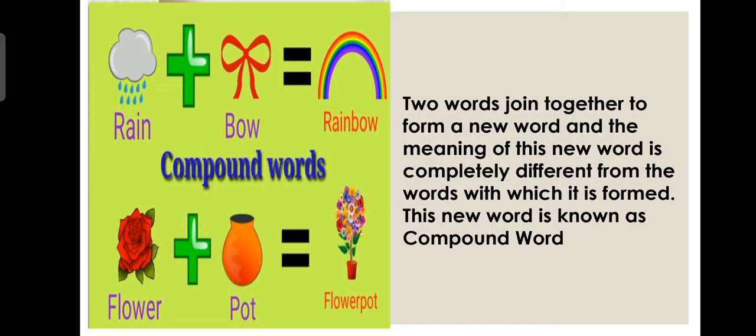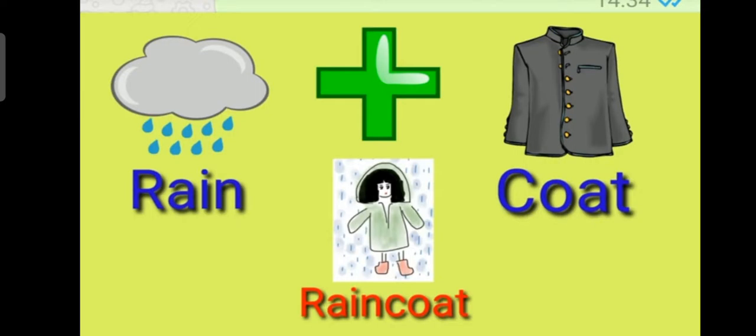The next example is flower plus pot forms the compound word flower pot. Here too, the meaning of flower pot is different from flower and pot. So this is what a compound word is. So a few more examples. Rain plus coat is equal to raincoat.